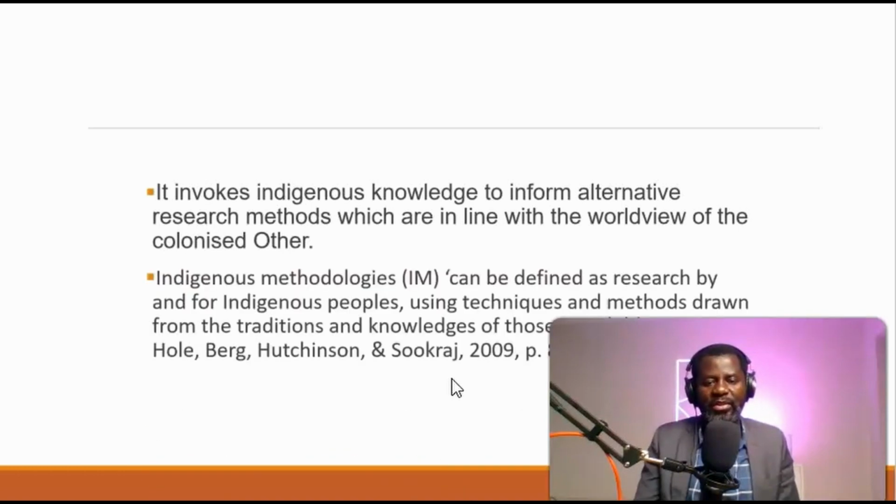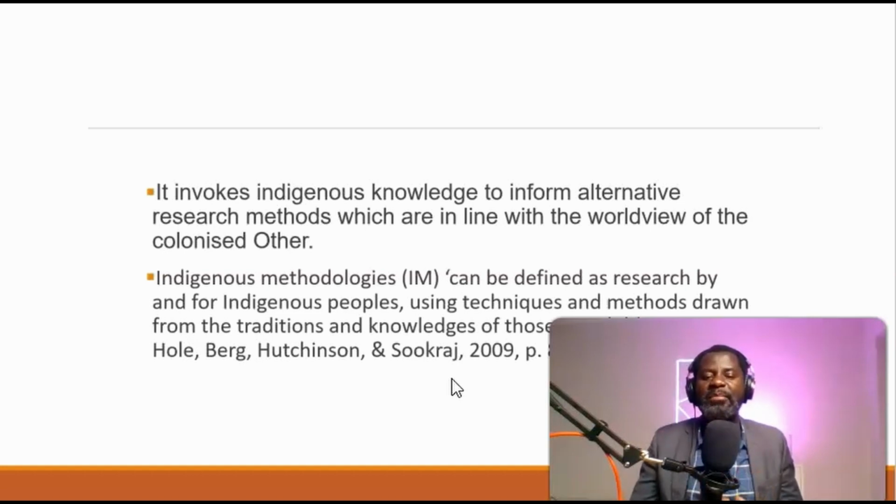Indigenous methodologies can be defined as research by and for indigenous peoples using techniques and methods drawn from the traditions and knowledges of those people. So when you think about indigenous research methodology or methods, these are methods for indigenous people, created by indigenous people, and those methods must be drawn from the traditions and knowledges of the indigenous people themselves.